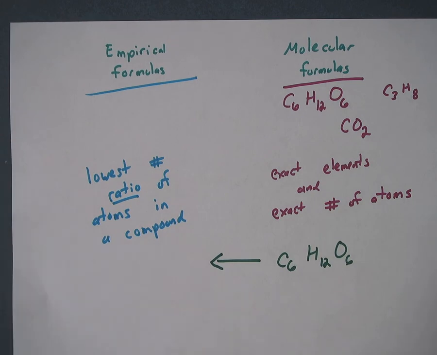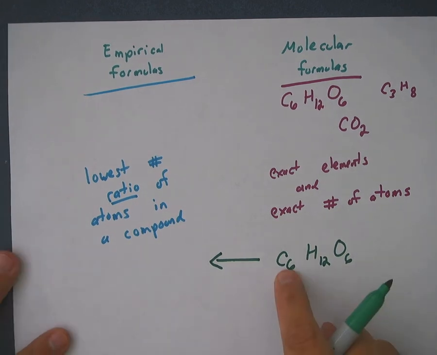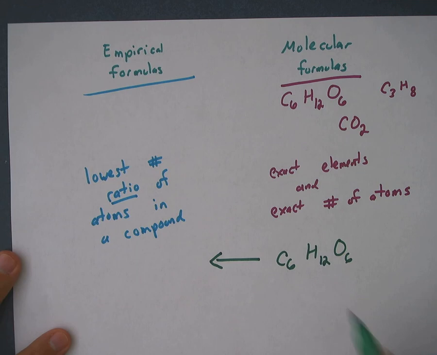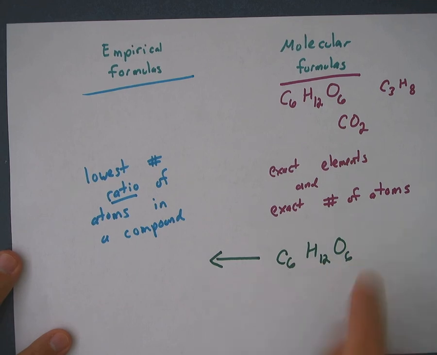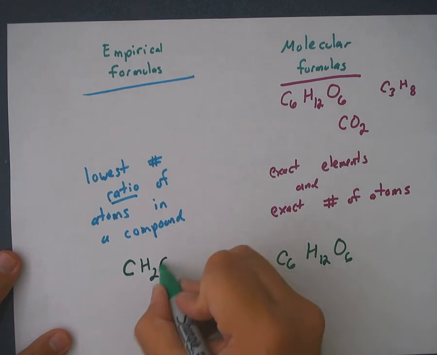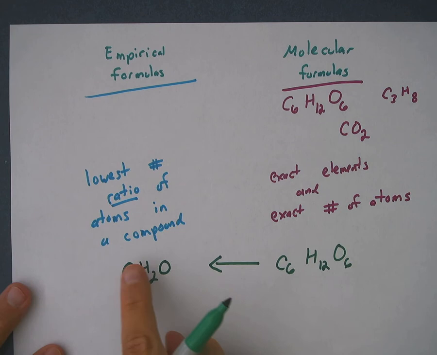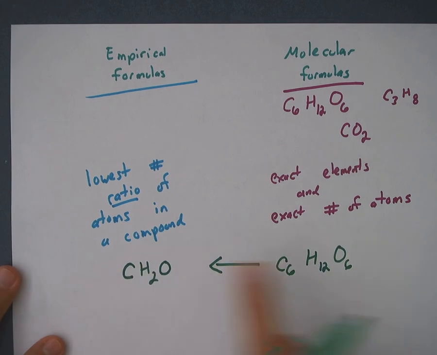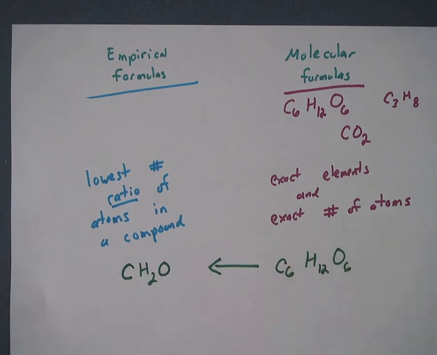The empirical formula could be reduced. A 6 to 12 to 6 ratio is the same as a 1 to 2 to 1 ratio. So we have one carbon, we don't put the 1 in. We put the 2 hydrogens, and we have the 1 oxygen. So this would be the corresponding empirical formula for this molecular formula, okay?